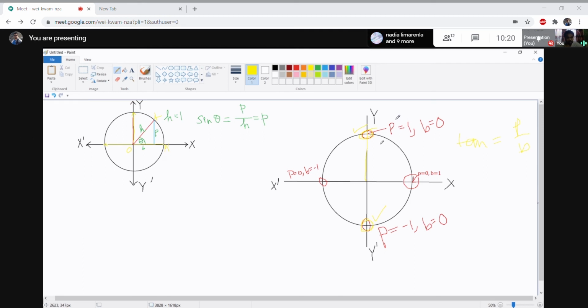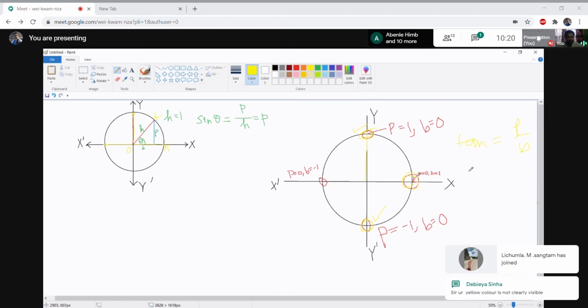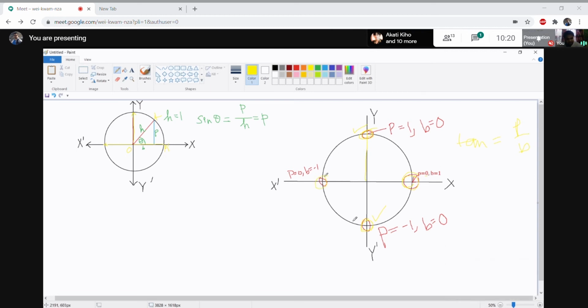And where cosec is undefined, cosec is undefined here. Why? Because cosec means hypotenuse divided by perpendicular. So where perpendicular is 0, in those 2 points cosec is undefined. Similarly at these 2 points cot is also undefined.